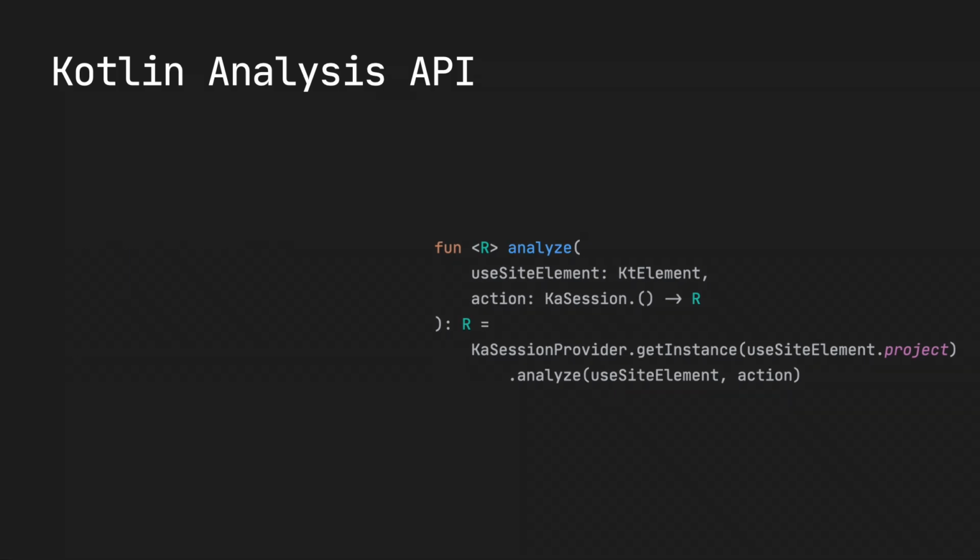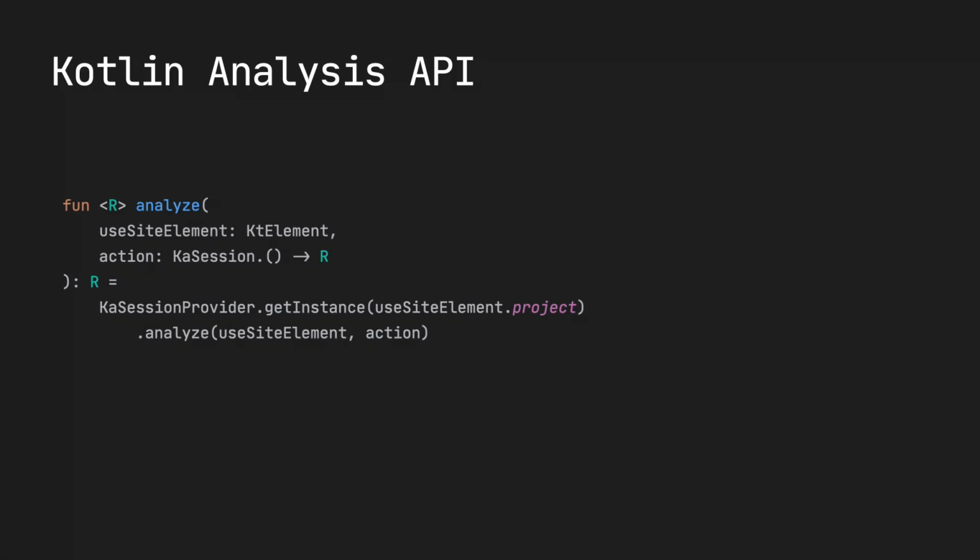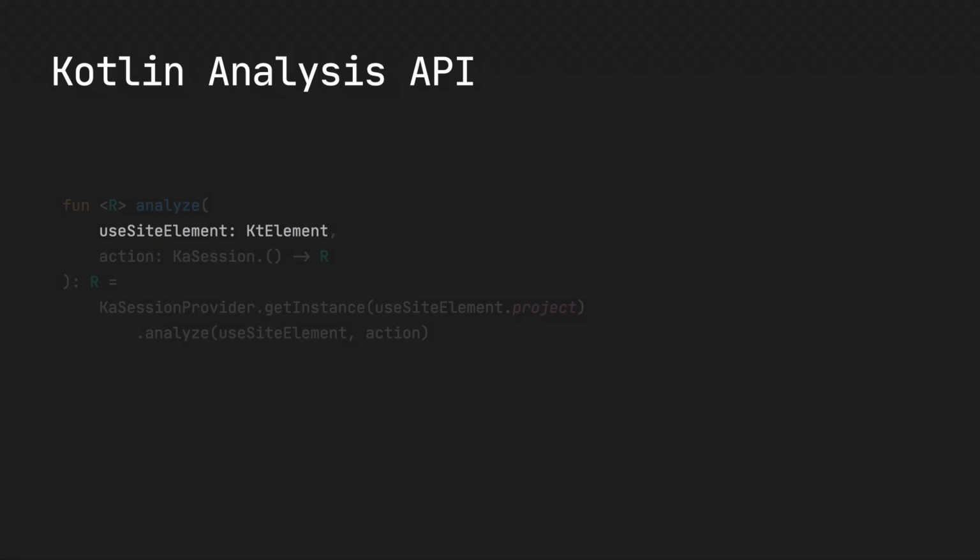This analyze method is the API, and it takes in two parameters. The first parameter is a KT element, but usually you could also provide it a module, a KT module, and there's an API to build this KT module.